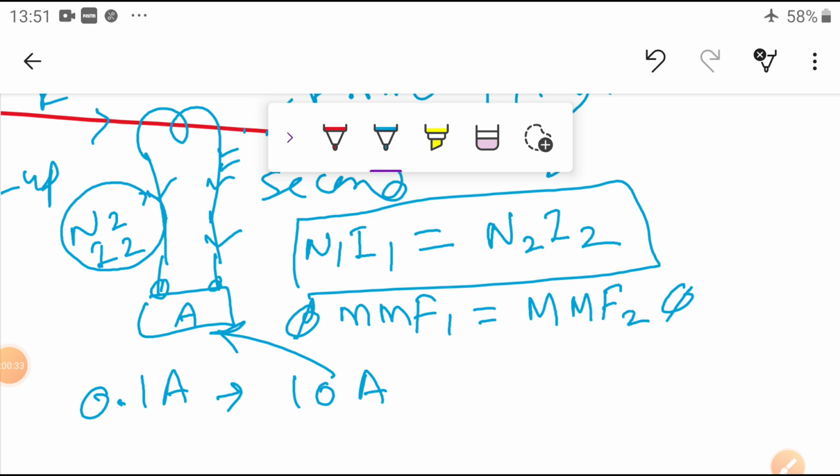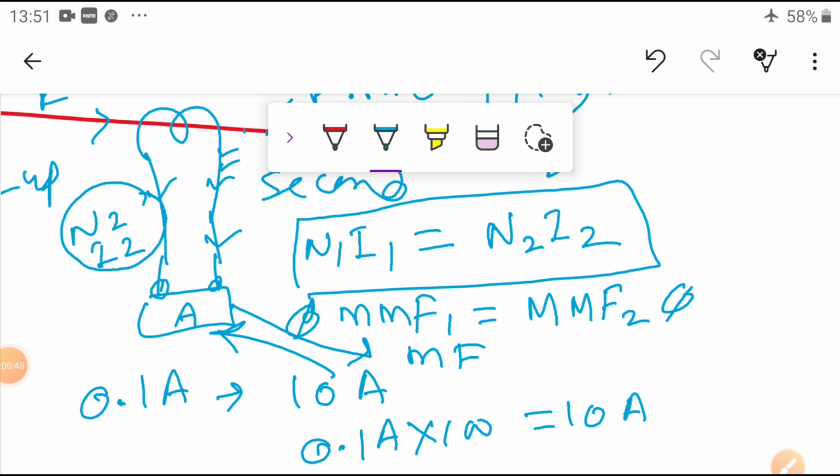Or sometimes the meter indicates 0.1 ampere only, but it has a multiplication factor MF, so we multiply by 100 to get 10 amperes. Whatever it indicates, multiplied by the MF, gives the same value. Both types can be used in our electrical field.